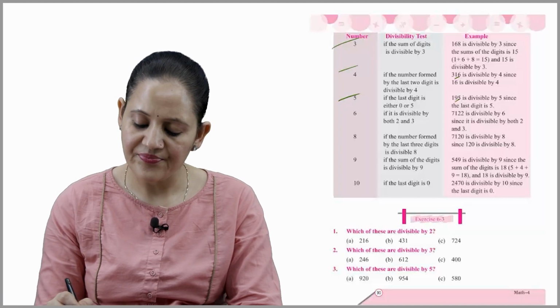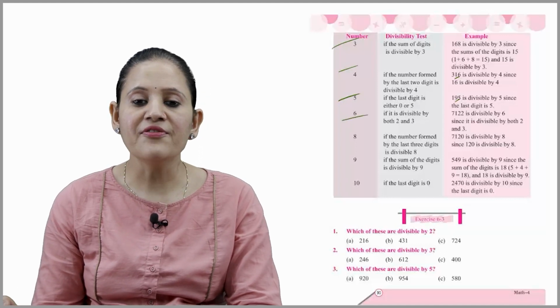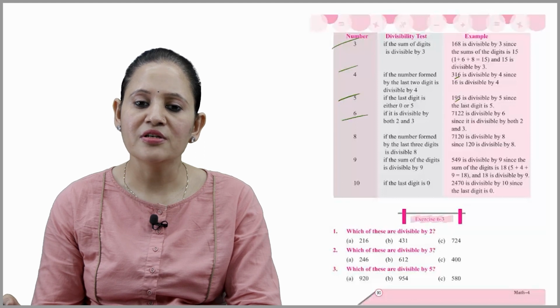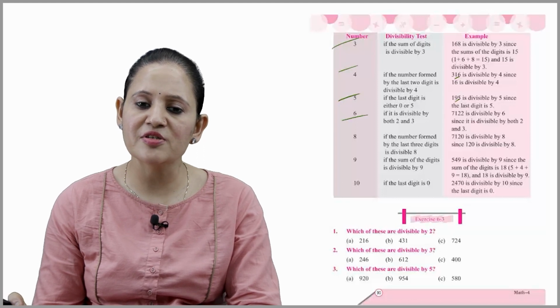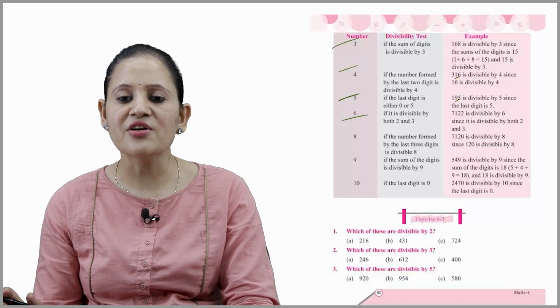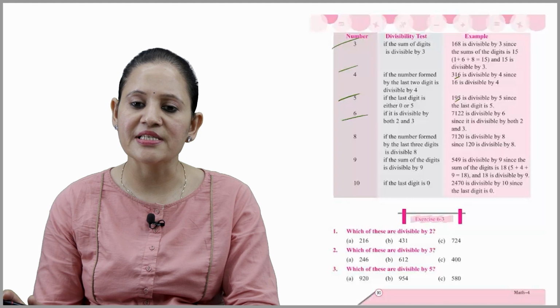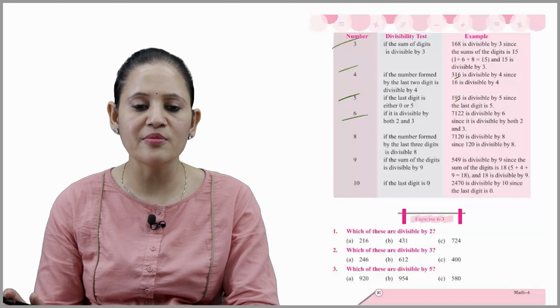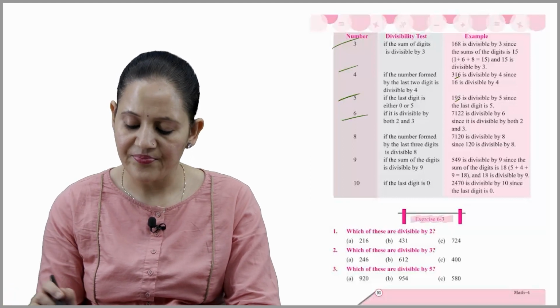Next is 6. If a given number is divisible by both 2 and 3, that means it is divisible by 6 also. Like 7122 is divisible by 6 since it is divisible by both 2 and 3. Next is number 8.